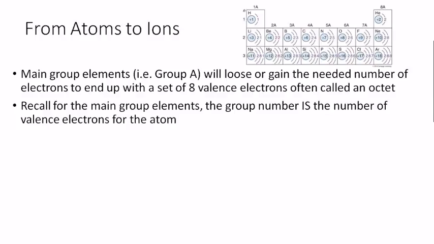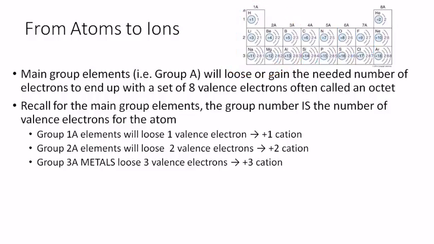Well, here's the deal. These elements will tend to want to get a set of 8 valence electrons. Now, for the metals, I'll go ahead and circle 1A and 3A. For the metals, what's easiest is to kick off their valence electrons.